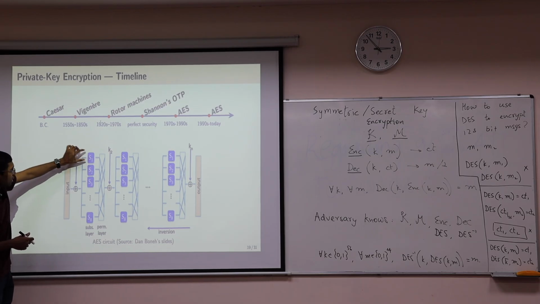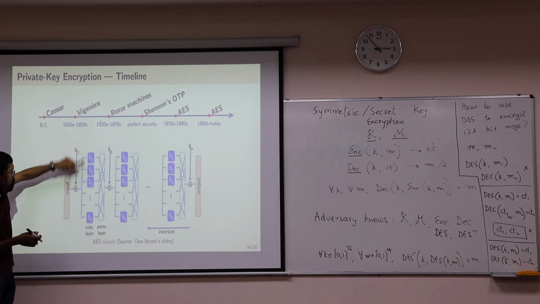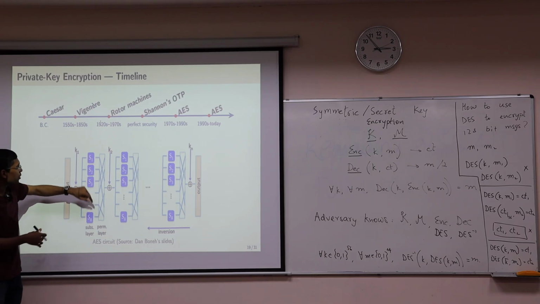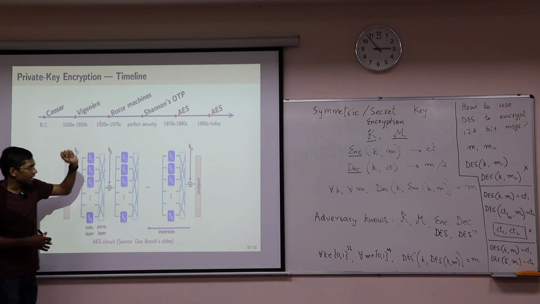These are circuits that apply on 16 bits and produce a 16-bit output. You have 8 of these blocks, then you scramble the outputs, XOR with a new key, and repeat the same process.